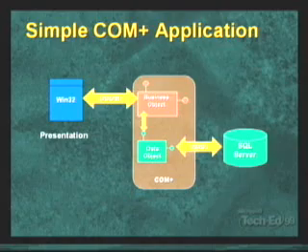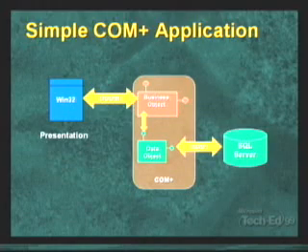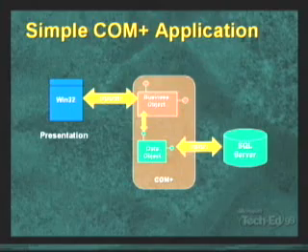This same architecture applies to MTS. So the presentation layer will talk to one or more business objects, and those business objects in turn use COM or DCOM to communicate with the data objects. The data objects would use a mechanism such as ADO to talk onto the data store, for example, SQL Server.